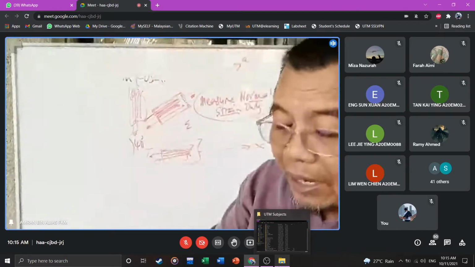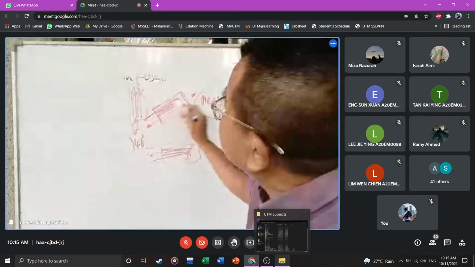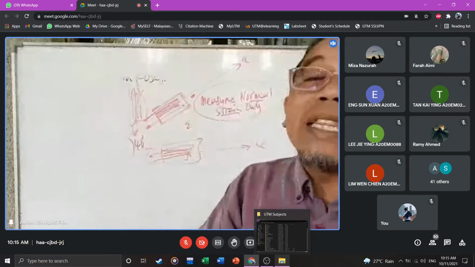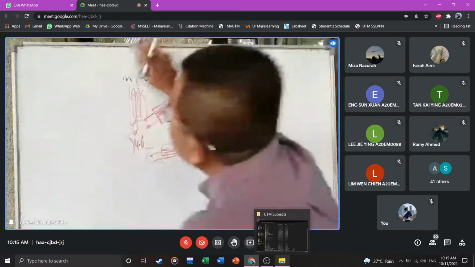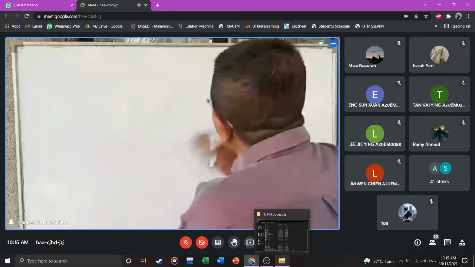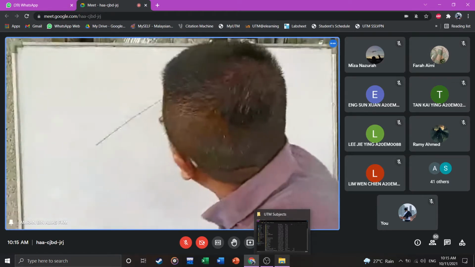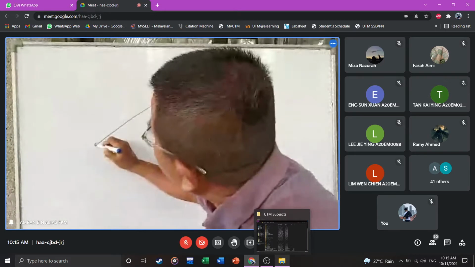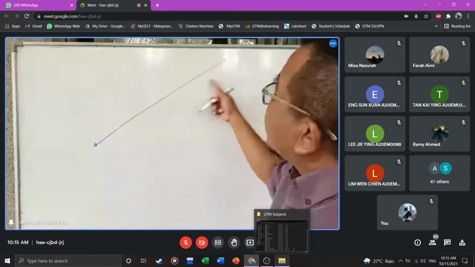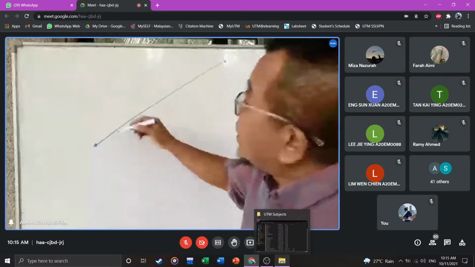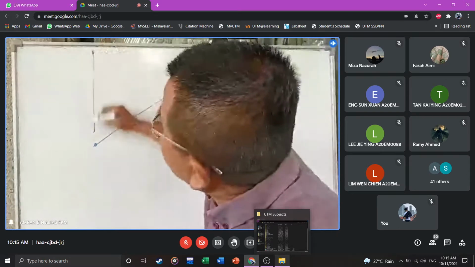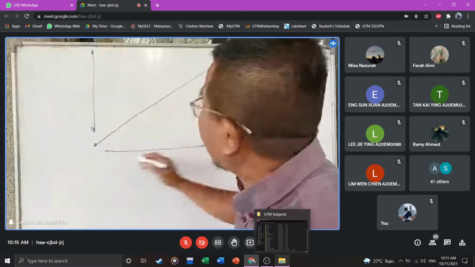what do we have here in the strain gauge? Strain gauge is nothing, just a wire, a small wire in that line.